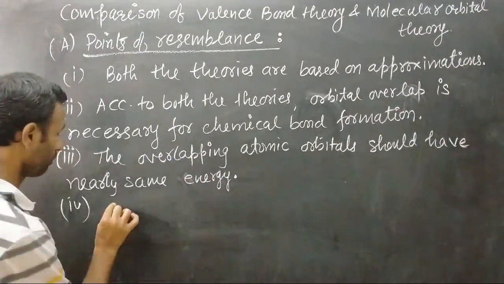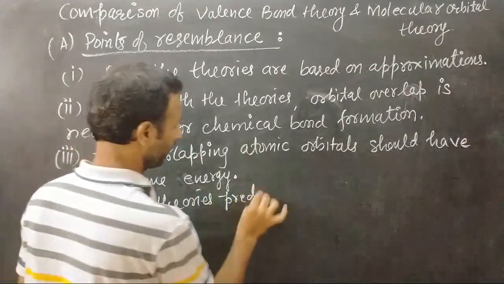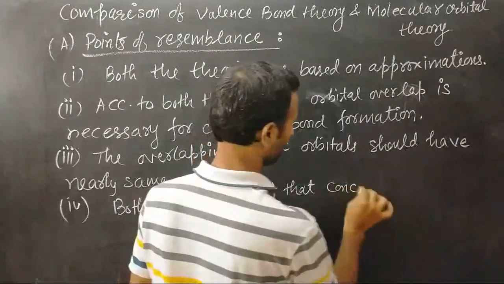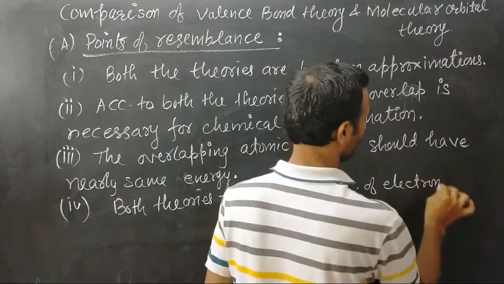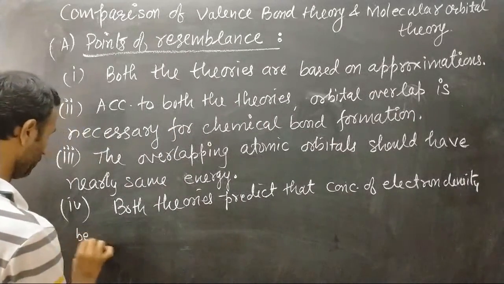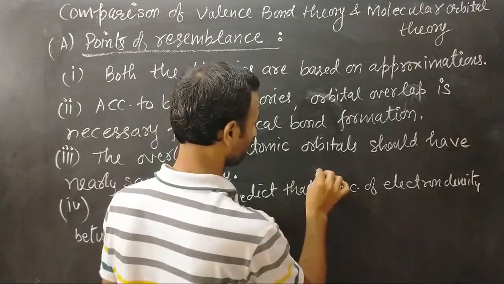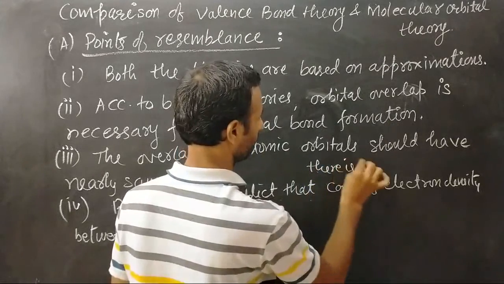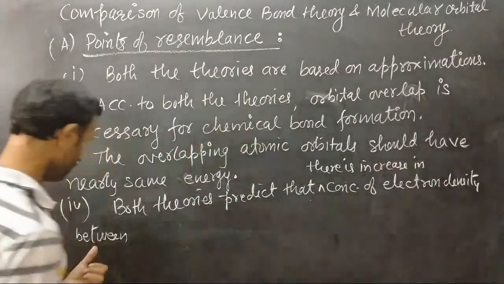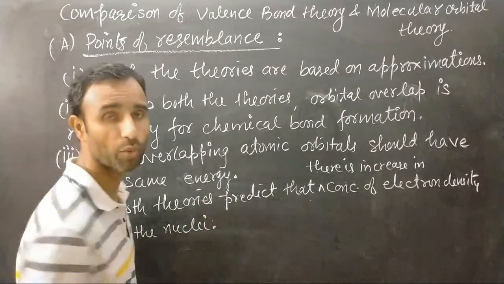So both theories predict that there is an increase in concentration of electron density between the nuclei, between the bonded nuclei.